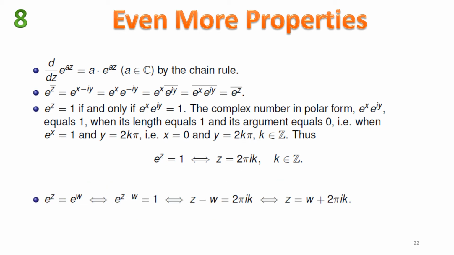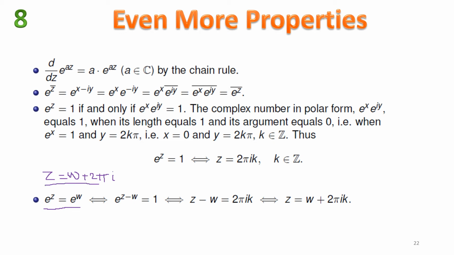Now what are the conditions when e to the power z is equal to e to the power w? This is possible when z is equal to w, or we already know that the period of the exponential function is 2 pi i. So z must be equal to w plus 2 pi i. Let us explore whether something more is hidden in this relationship.